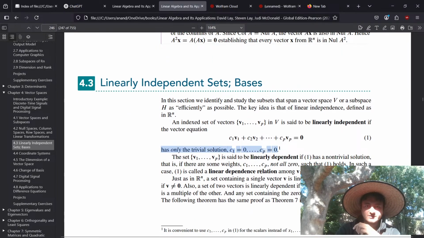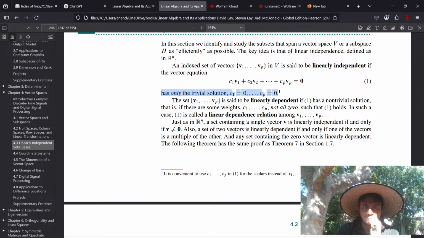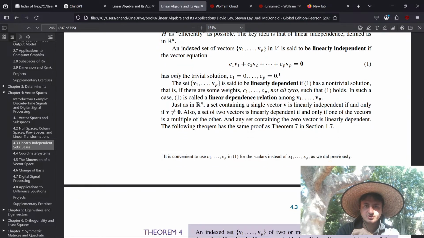Okay, if there's a non-trivial solution, then they're linearly dependent. A set containing a single vector v is linearly independent if and only if v is not equal to 0. Also, a set of two vectors is linearly dependent if and only if one of the vectors is a multiple of the other.